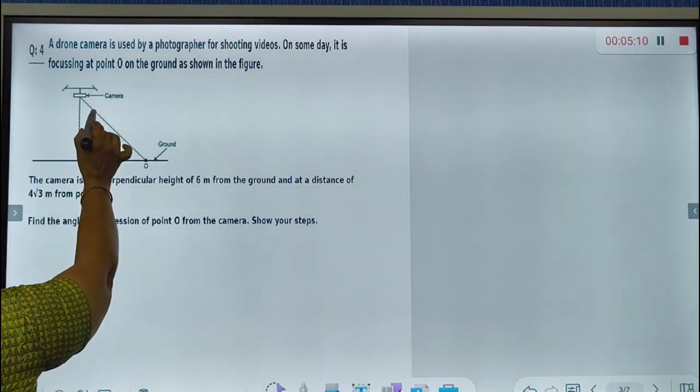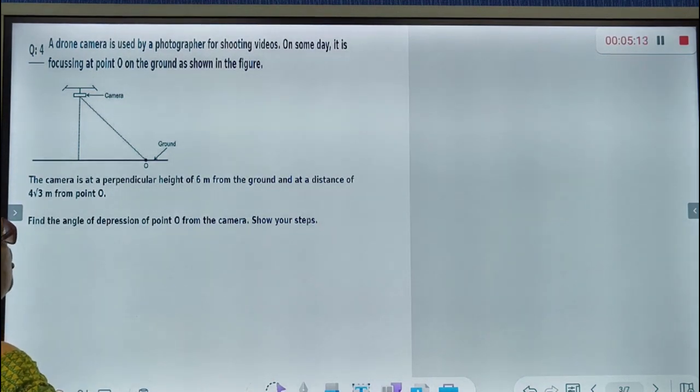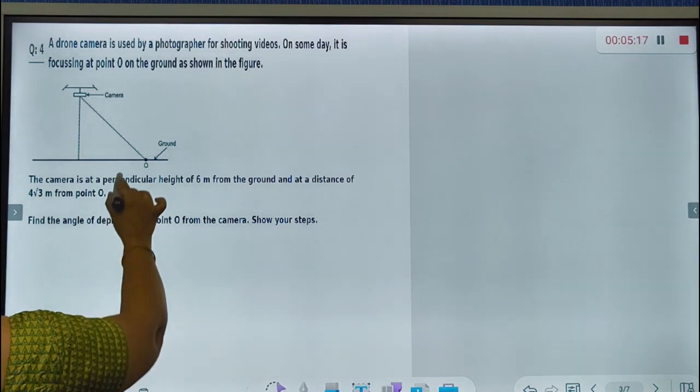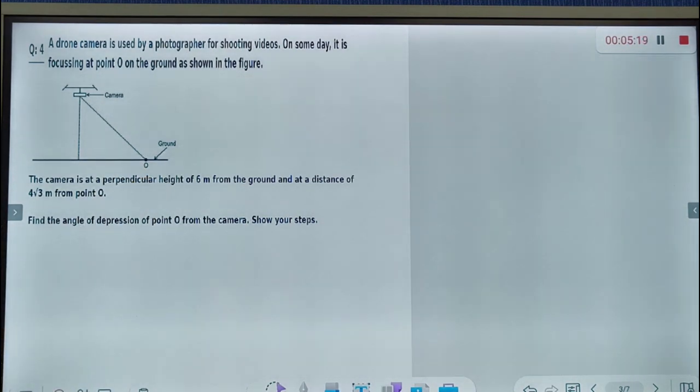A drone camera is used by a photographer for shooting videos. On some day it is focusing at a point O on the ground as shown in the figure.